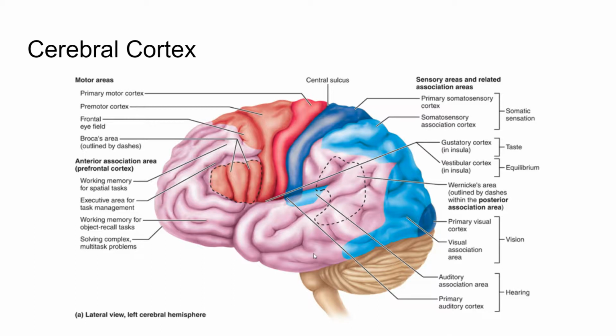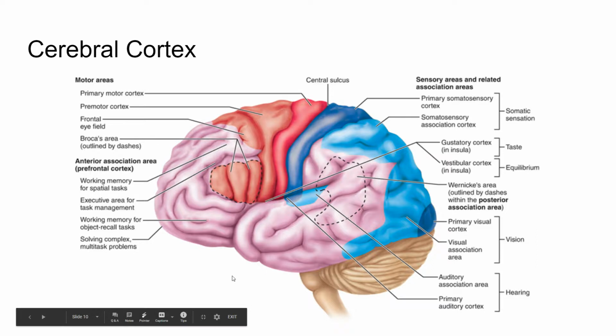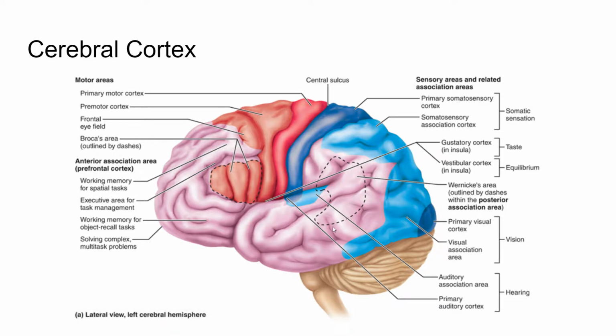This is mostly found in the frontal lobe, and this has to do with voluntary movement. I choose to pick up a pencil. That is happening in the motor areas. The sensory areas are located in different places around the brain: the parietal, temporal, insular, and occipital lobes. And this is exactly what it says it is. It takes in sensory input from your environment.